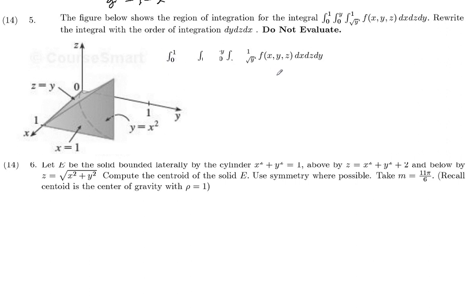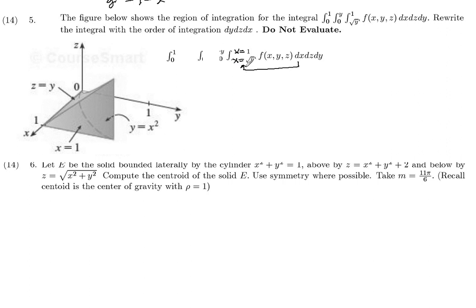Okay, so what we need to understand here is that these limits are with respect to x. So this is going from x equals square root of y to x equals 1. So x equals root y in 3 dimensions is a parabolic sheet. It's a cylindrical surface.